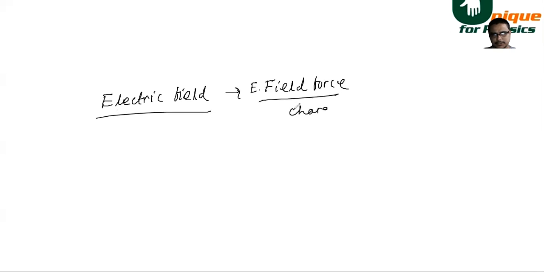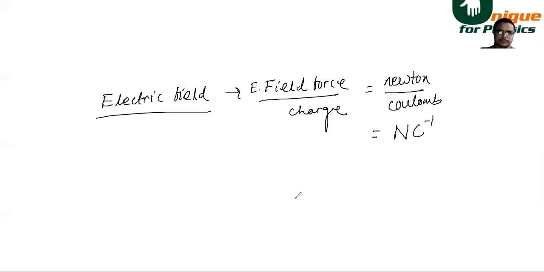Force can be written as Newton, so I can write this as Newton divided by charge. Just now we said charge is ampere second, or coulomb. So we can write Newton per coulomb, that is, Newton and coulomb inverse. This way you can write with unit charge.